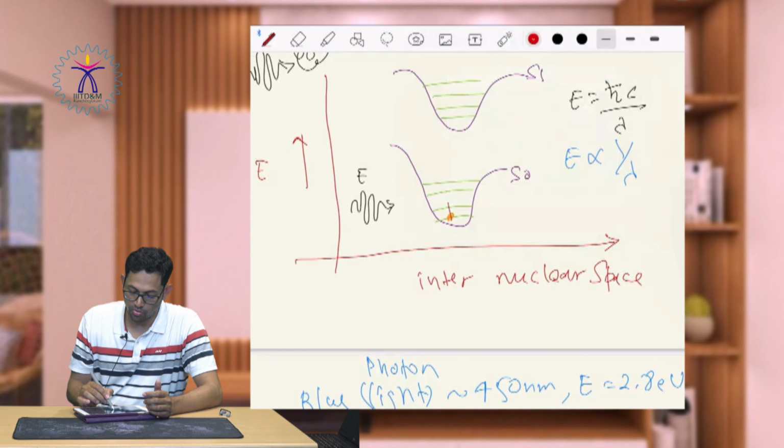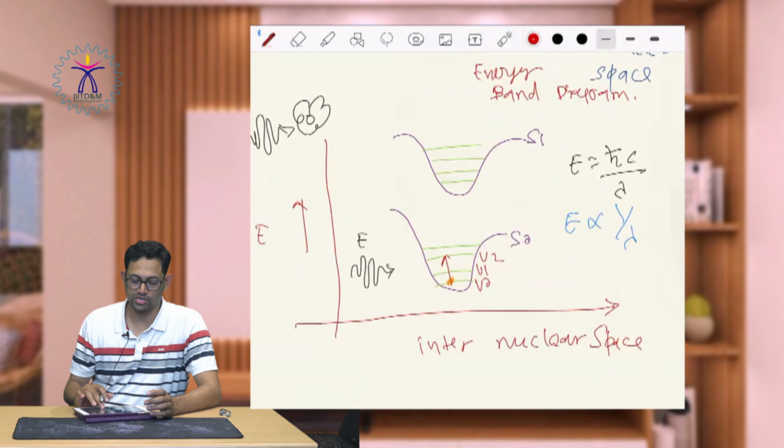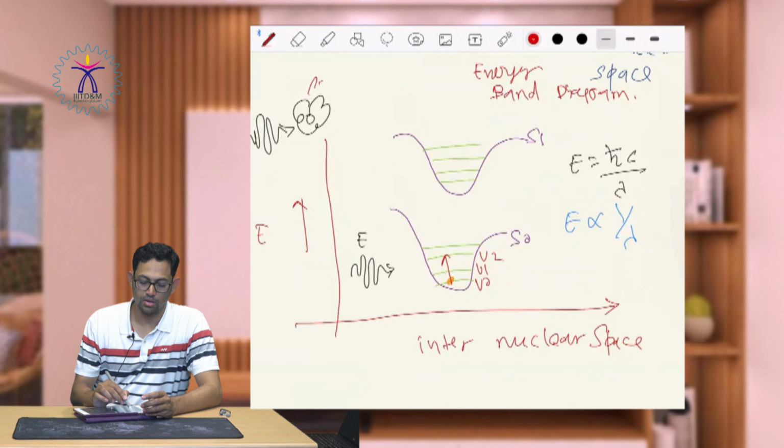It will move to any of the upper vibrational levels, for example from V0 to V2. This is V0, V1, V2. As it has gained more energy, that molecule will start to vibrate, because it has a particular energy now.